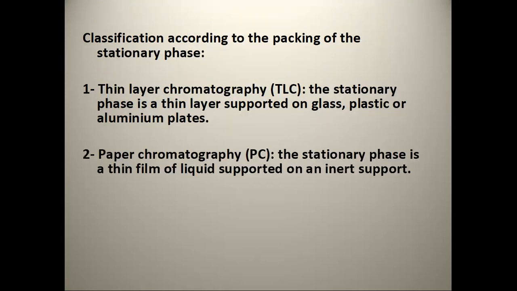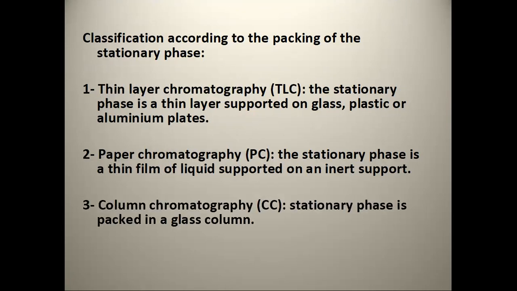And of course, the experiment that we did, we used paper chromatography. The stationary phase is a thin film of a liquid supported on an inert support, so like paper. And also column chromatography, where in a glass column you put a material where the stationary phase is that solid material and you allow a solvent to pass through.